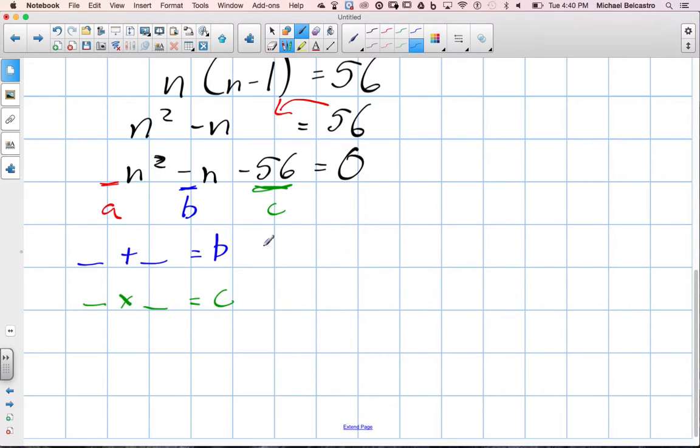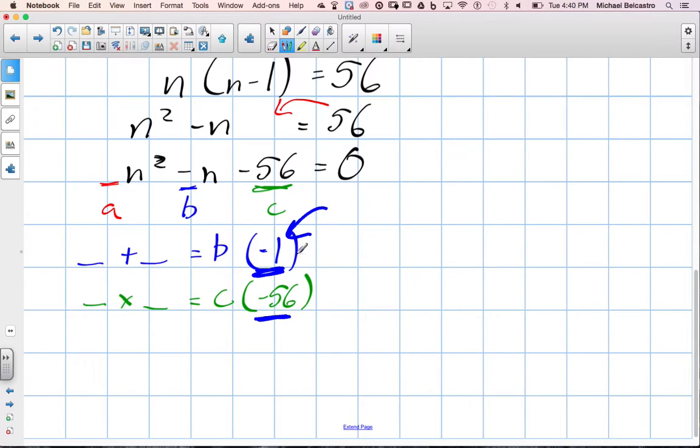So in our case, negative 1 is our b term, and negative 56 is our c term. So we need to think of numbers that add to negative 1 and multiply to negative 56. Well, there are so many numbers that add to negative 1, so let's try to think of some numbers that multiply to negative 56.